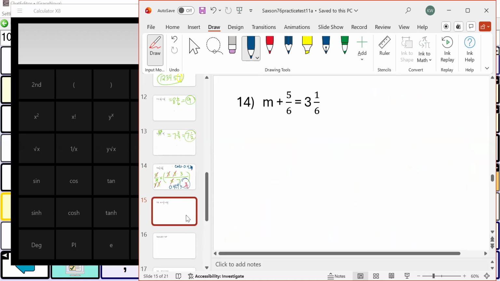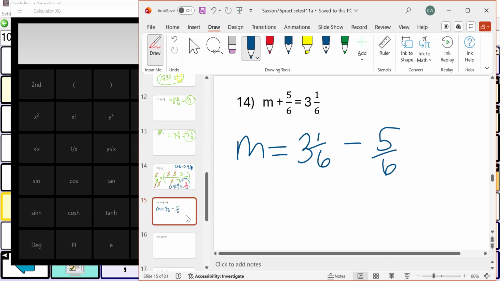We want to solve for m. M plus 5/6 equals 3 1/6. Okay, well, if we subtract 5/6, we could just say m equals 3 1/6 minus 5/6.